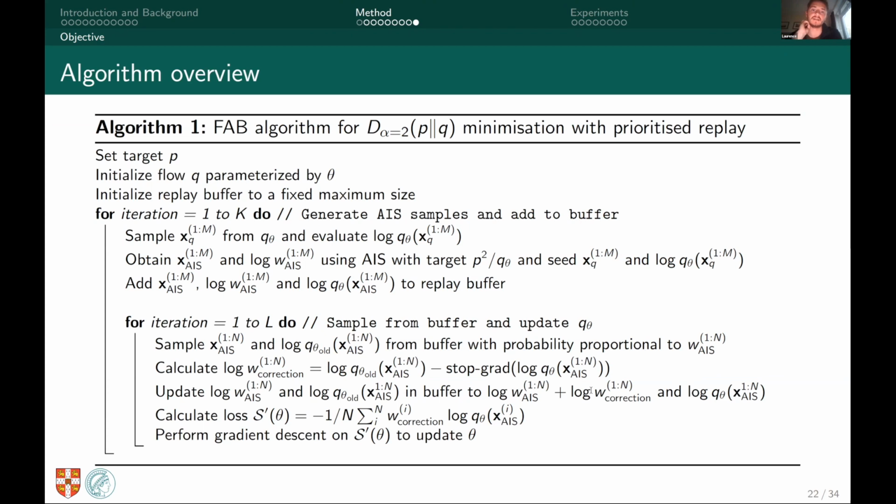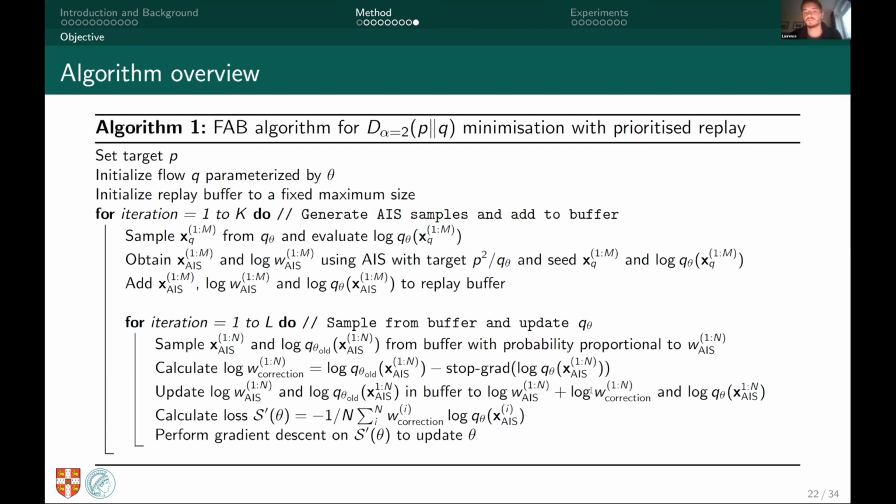Then we add them to what I call a replay buffer, which is basically storing all of the samples of X and the corresponding importance weights. We also need to save the log q at that point in training so that we can do this correction later. So we have this generation step, and then for each generation step, we sample from our buffer in proportion to the importance weight.